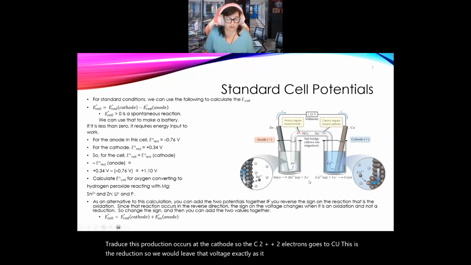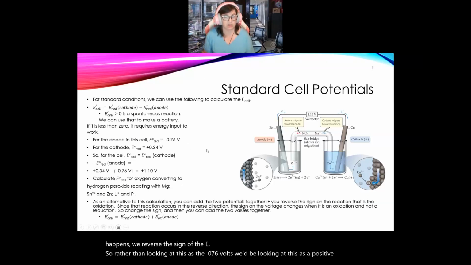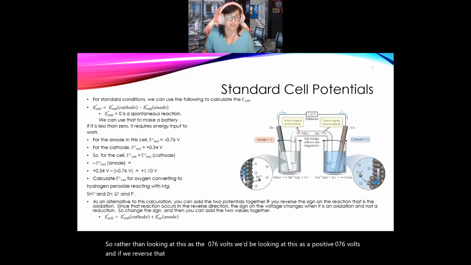But the other one occurs as an oxidation. So since we've reversed that reaction when it happens, we reverse the sign of the E. So rather than looking at this as the negative 0.76 volts, we'd be looking at this as a positive 0.76 volts. And if we reverse that, then we just add those two values together.